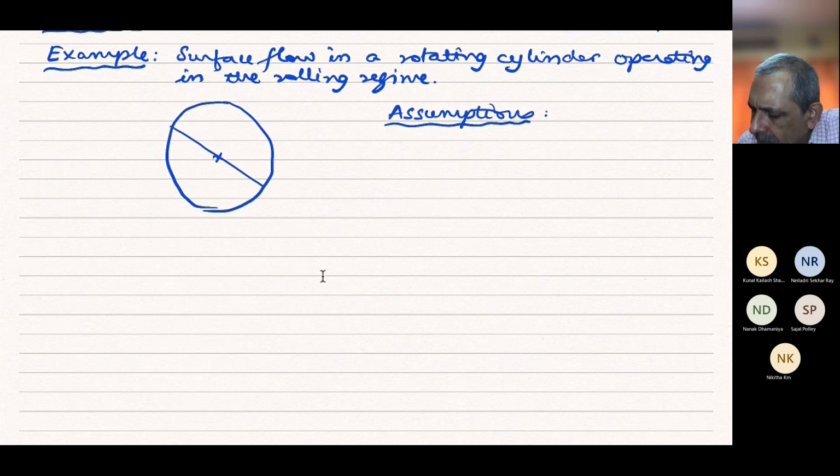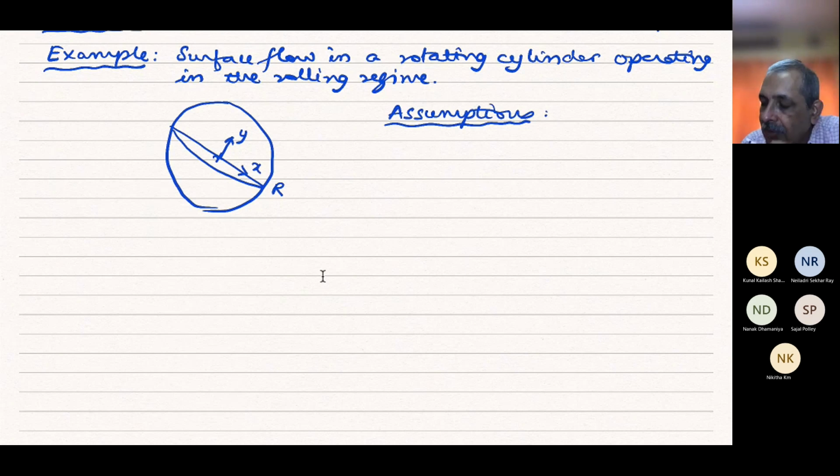So that means this distance is basically the radius. And let's say this is the flowing layer. And let's call this distance y and this x.